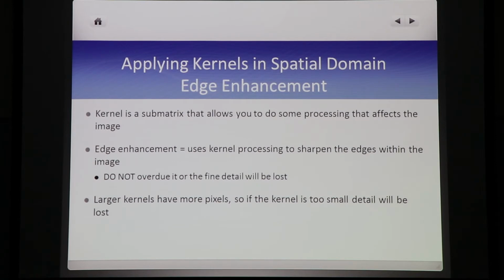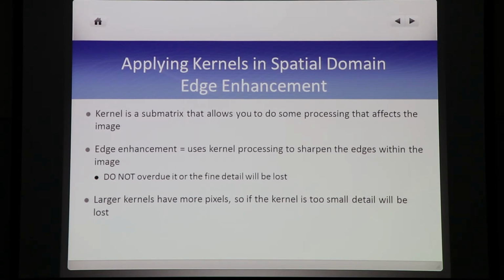So we're going to talk a little bit about kernels. It's a processing operation, a sub-matrix that allows you to do some very specific processing, specifically edge enhancement and smoothing. Edge enhancement uses kernel processing to sharpen the image.